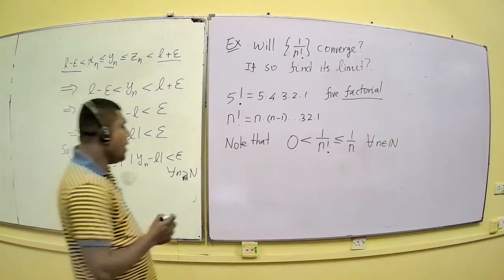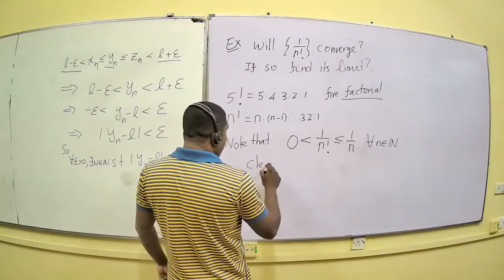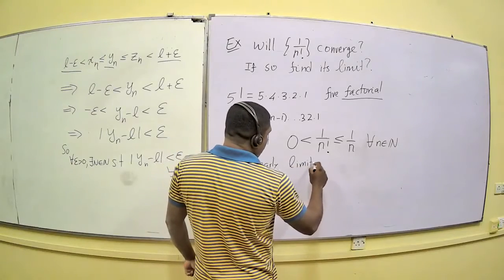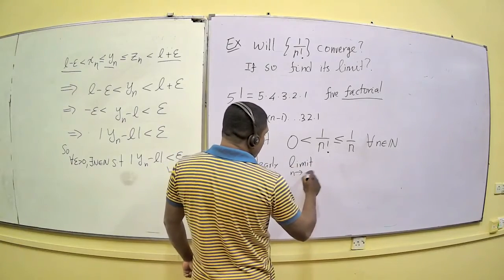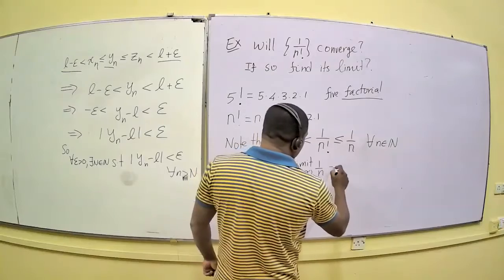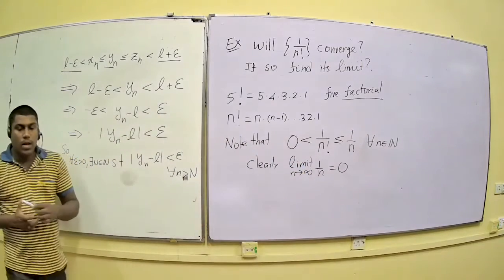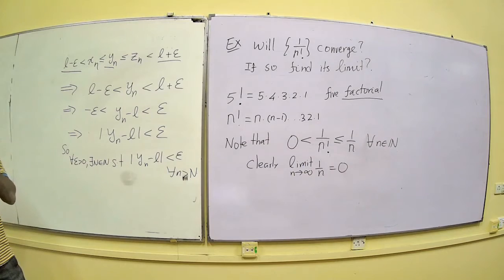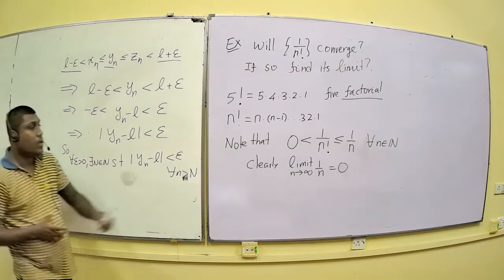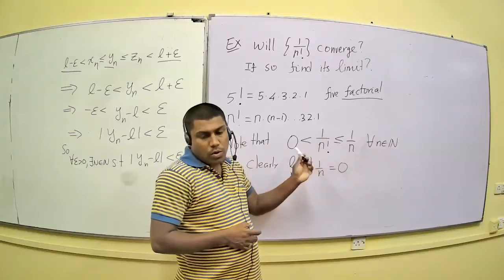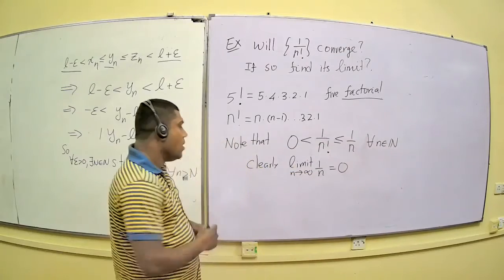So clearly, this is 0. You all know that. So the limit of 1 upon n as n goes to infinity is 0. We proved that also. So this sequence goes to 0, and this goes to 0. Both of them have a finite limit.